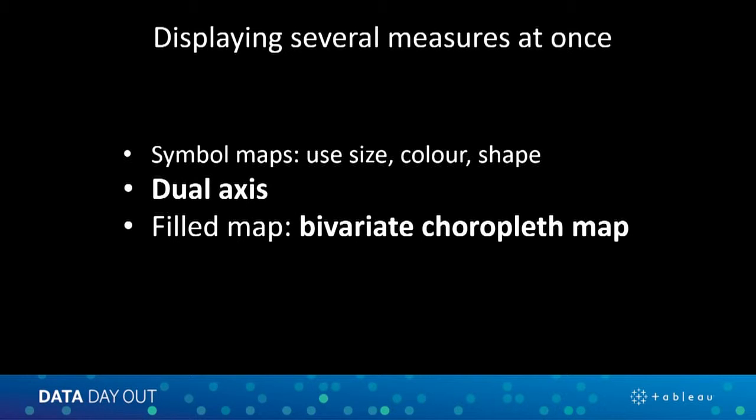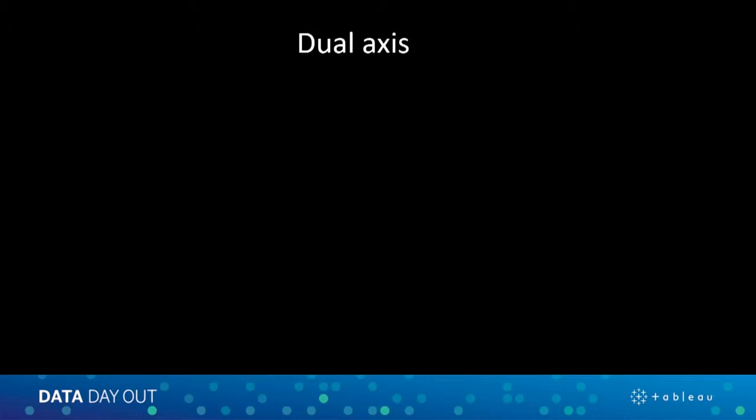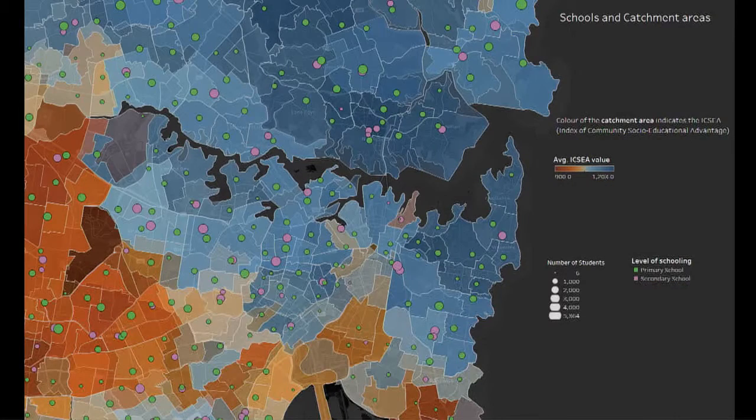Okay. So next thing, we saw how to deal with one measure at a time, but what if you want to deal with more than one measure? We've talked about the first one, symbol map. We'll talk about two other things, dual axis, and then the fin map. So dual axis, the idea is that you put on the same map, like a fin map, along with a symbol map.